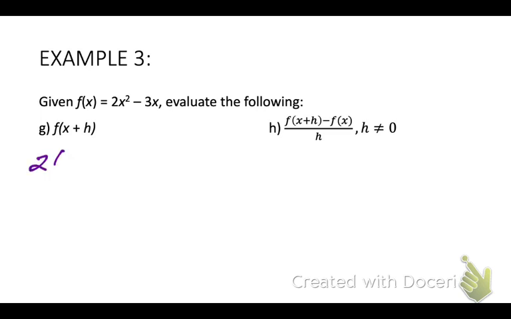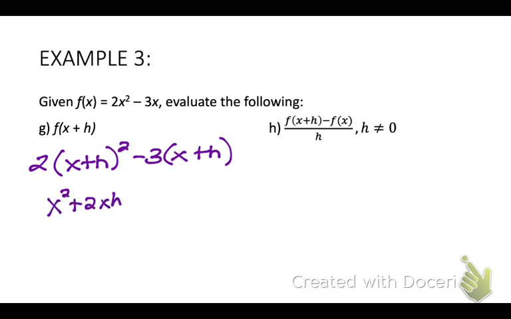Okay, so for G, everywhere I see an x, I'm going to put an x plus h. So we have a 2 times x plus h cubed minus 3 times x plus h. Expanding that out, it's just foiling, rewriting it multiple times. Do I need to go through that?